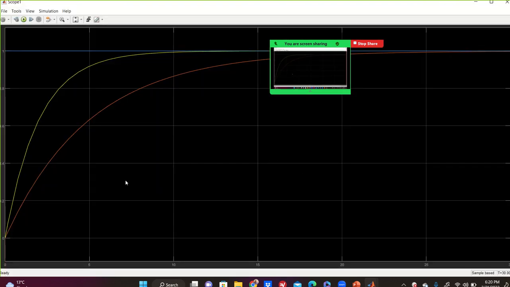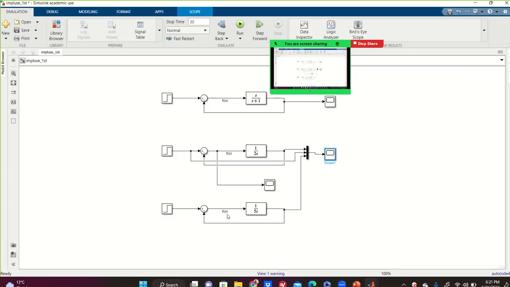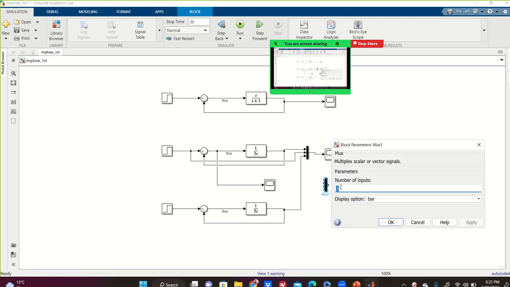Here we go. This is for a time constant of 2 seconds, and a time constant of 5 seconds. It takes more time because you're increasing the time constant, and this is the input. The same is valid if I copy and paste this here and double click on 2.